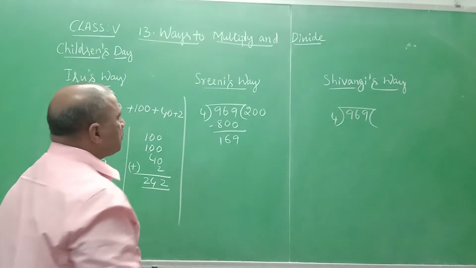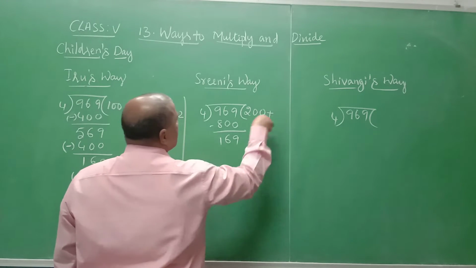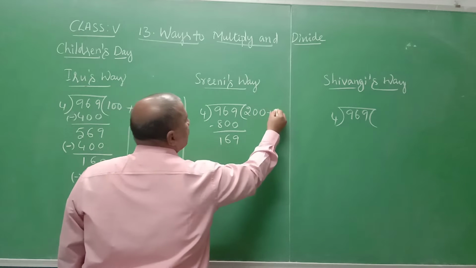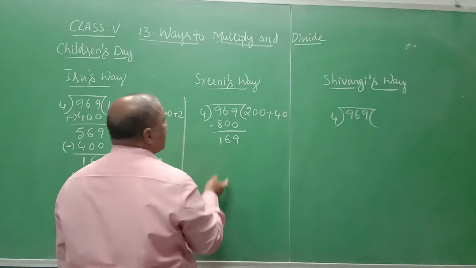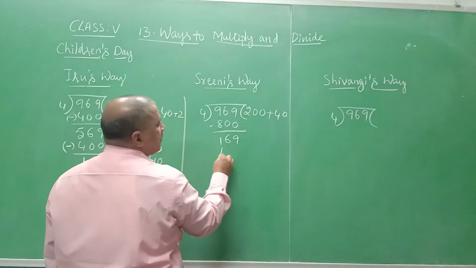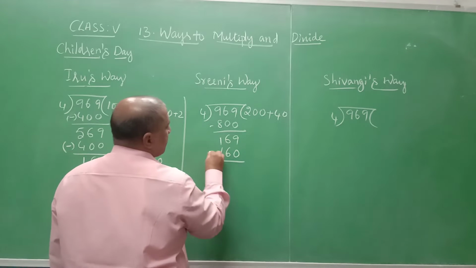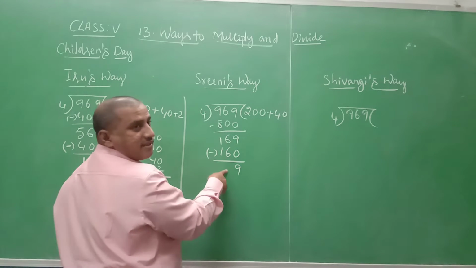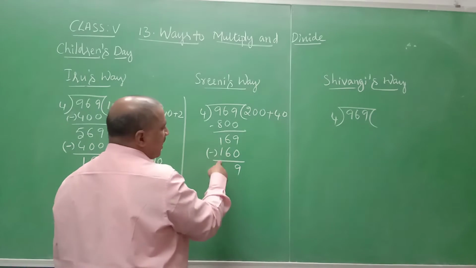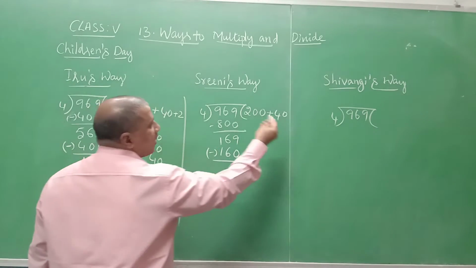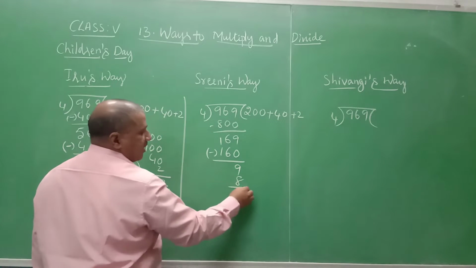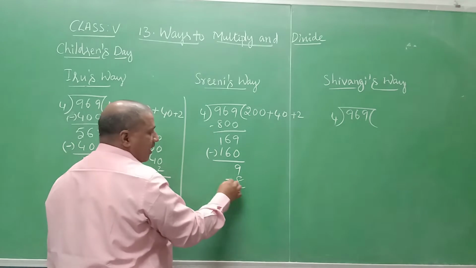We get 169. Then she did 40 times. 4 into 40 is 160. Now subtracted: 9 minus 0 is 9, 6 minus 6 is 0, 1 minus 1 is 0. Now she did 2. 4 twos are 8, 9 minus 8 is 1.